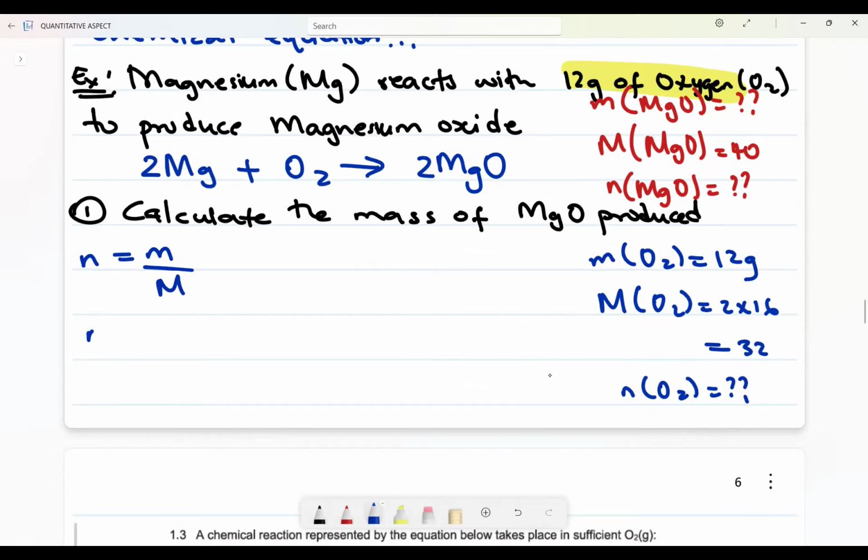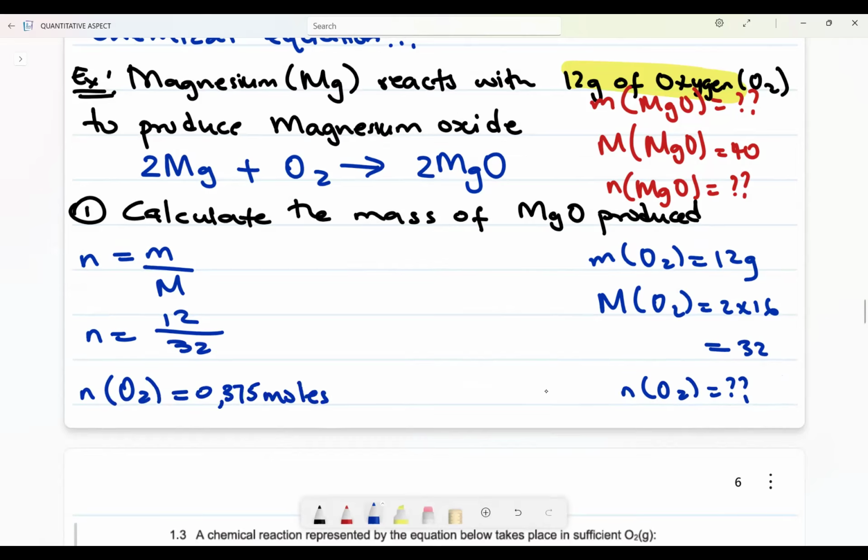What is my mass? 12 divided by 32. Then number of moles of O2 is equal to what? Let me quickly punch my calculator. 12 divided by 32 is 0.375.